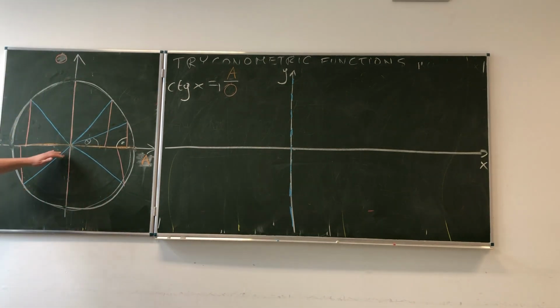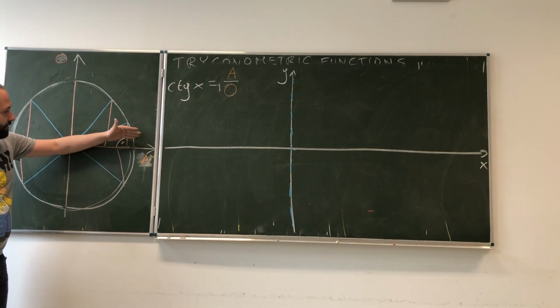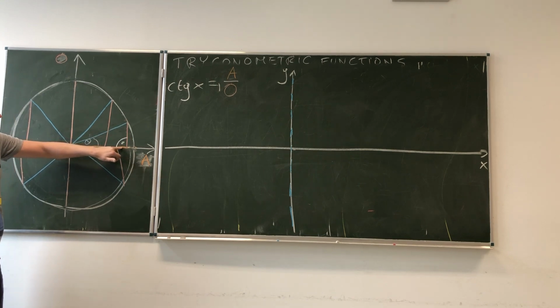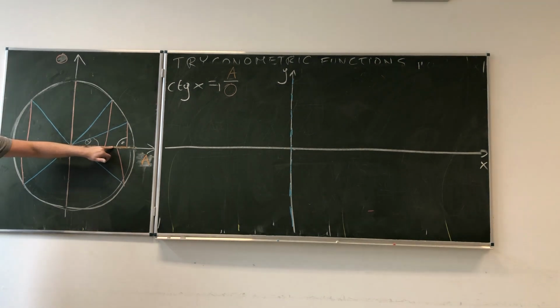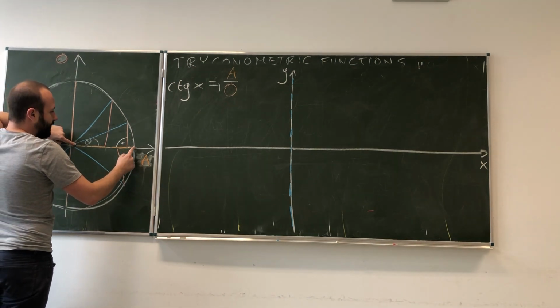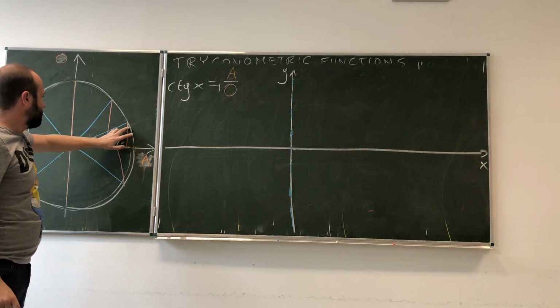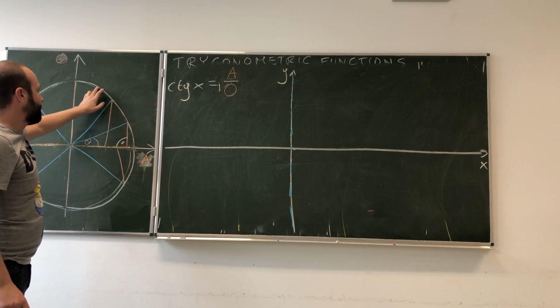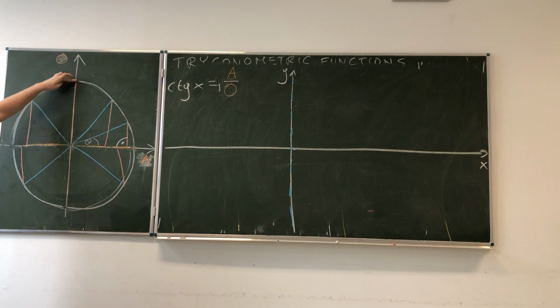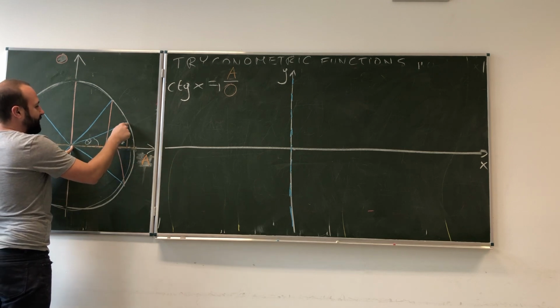Then what is happening? Opposite is getting bigger and bigger, while adjacent will be getting smaller and smaller, while the opposite gets bigger and bigger.